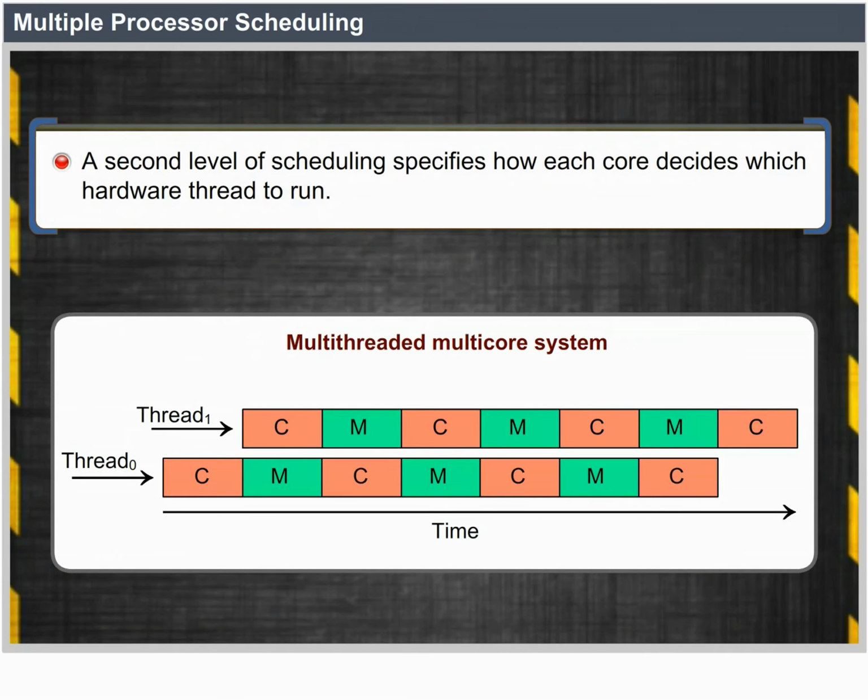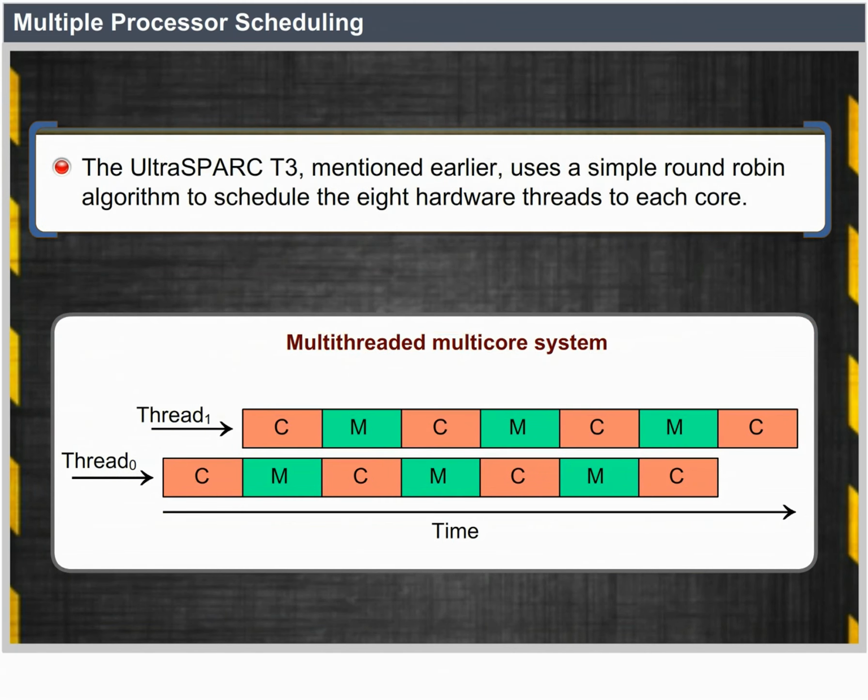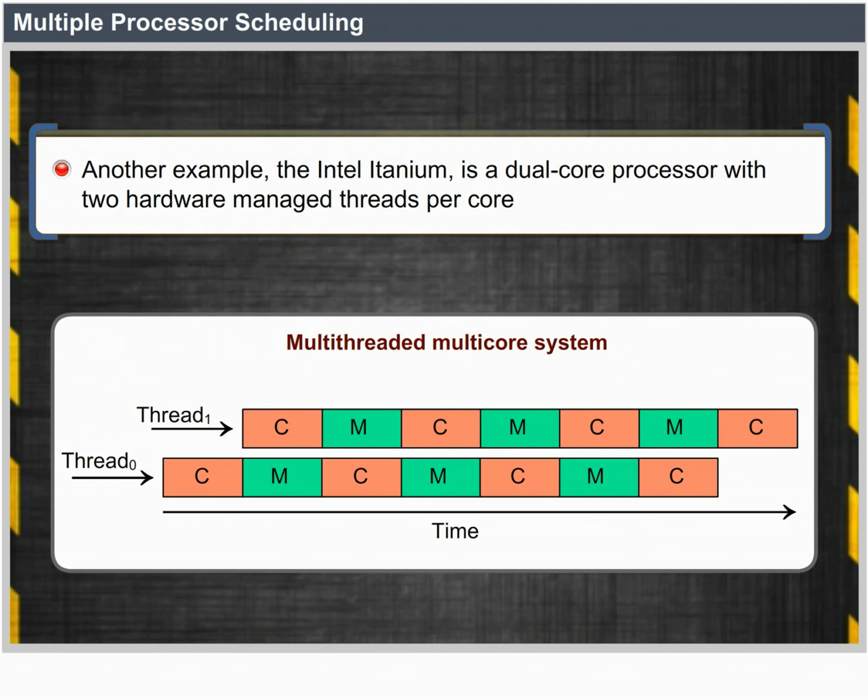A second level of scheduling specifies how each core decides which hardware thread to run. There are several strategies to adopt in this situation. The UltraSPARC T3, mentioned earlier, uses a simple round-robin algorithm to schedule the 8 hardware threads on each core. Another example, the Intel Itanium, is a dual-core processor with 2 hardware-managed threads per core.